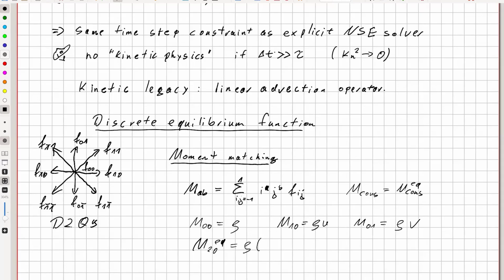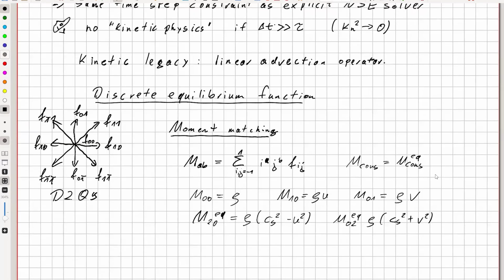M20 was rho times the speed of sound squared plus u squared. And then we had M02 equilibrium, rho times cs squared plus v squared.